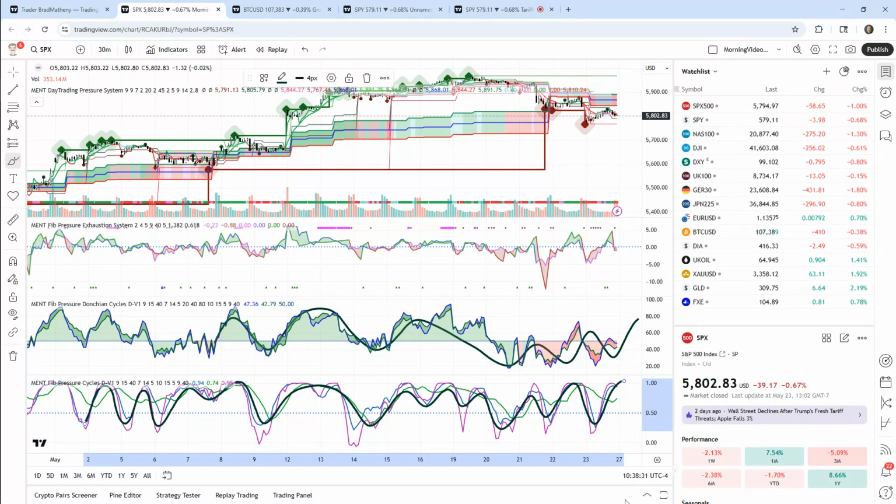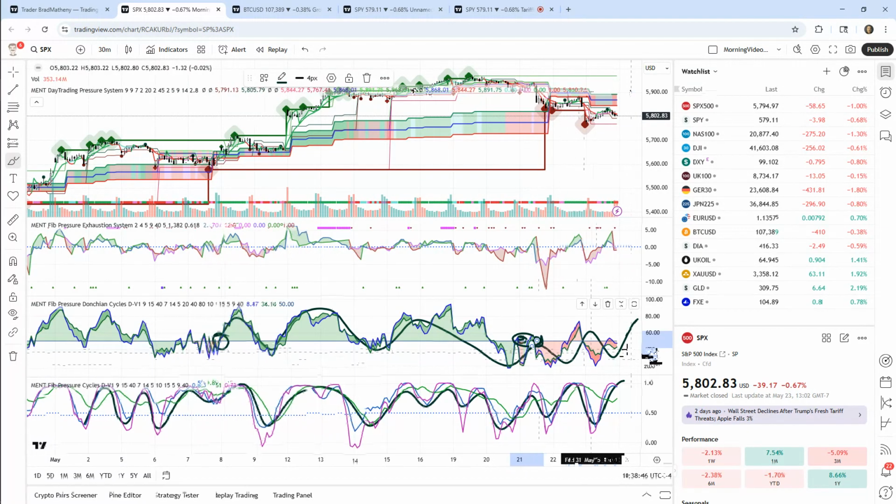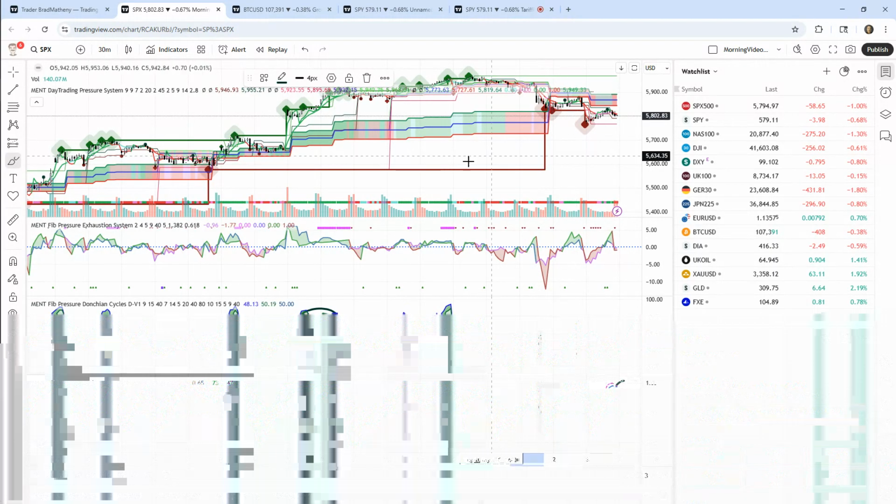So the idea here is you can determine what's going on in the market. You see, we've been bullish from right over here all the way over till we get a little rotation here. This is 30-minute. And then we go bearish right here. This is downward trending. We've been in bearish trending in the SPY with the system since May 21st. So it's pretty much moving to the downside.